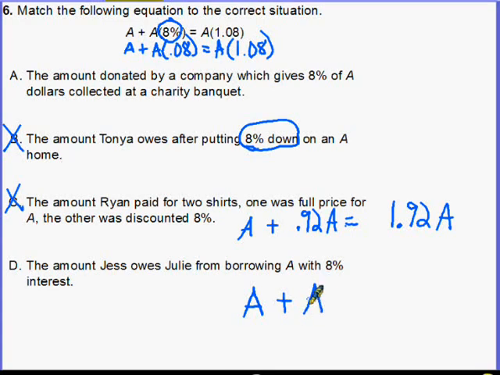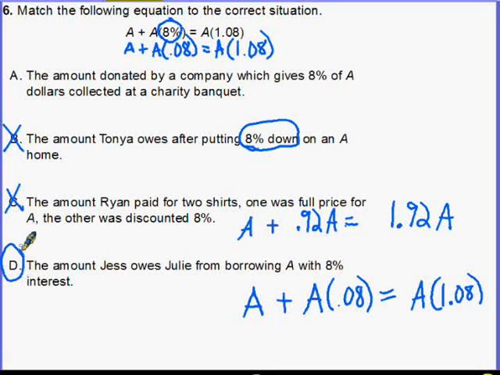But she has to pay that back, and she also has to pay 8% interest along with what she borrowed. So that means what she's going to have to pay back in total is going to be what she borrowed plus 8%. So that would be 1.08. So again, look at this.